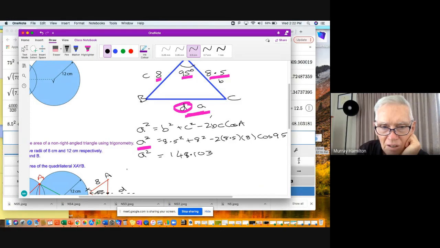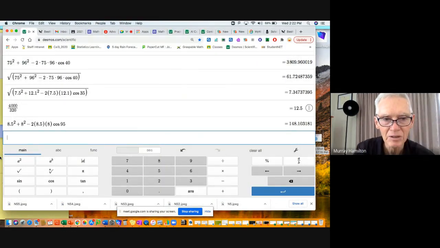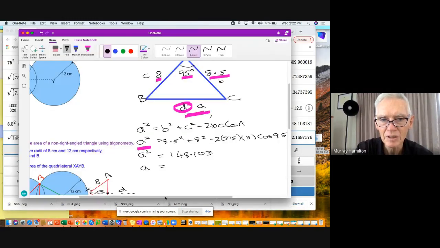So we want to find out what A is, so I'm going to have to square root that answer. The square root of 148.103 is 12.169, or 12.17. So that's what A is, 12.17. We've now solved that triangle and found what A is.